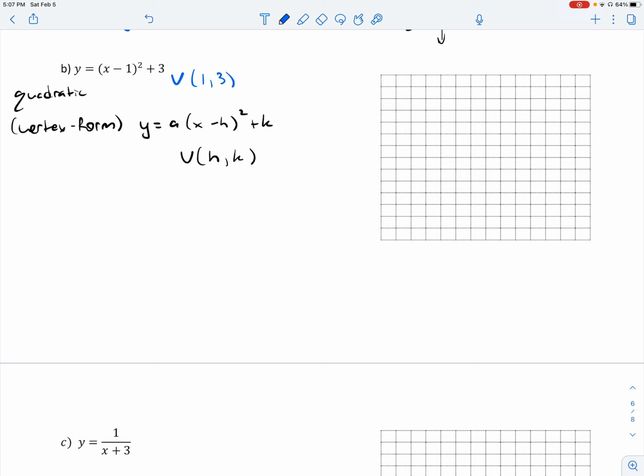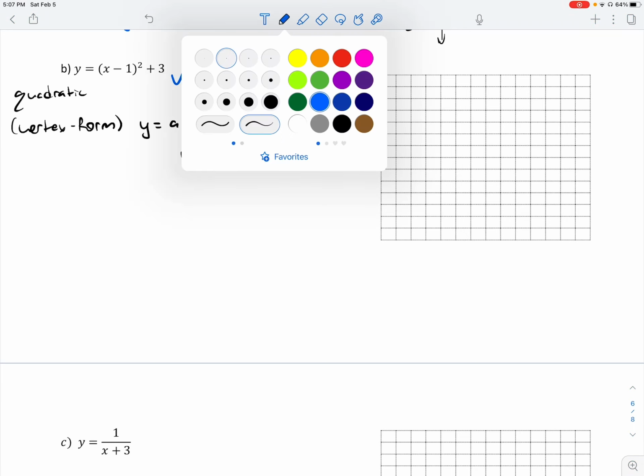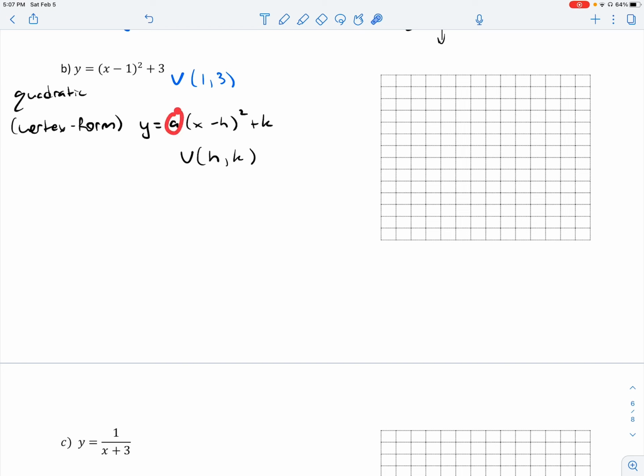Okay. So I'm going to do my best to draw a sketch first for this, and then we will answer the domain and range part. So there's the vertex. And I also know, depending on the value of a right here, it lets me know if this parabola opens up or down. Okay, so if a is greater than 0, this opens up.